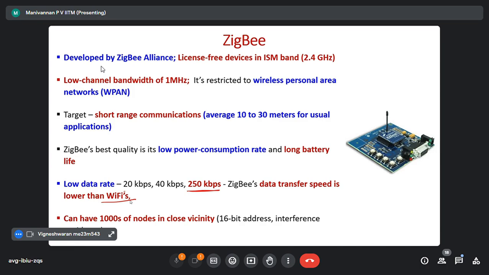Okay. So then you can have 100 nodes very close. Right? Again, you can have multiple units like this. Multiple nodes, because later we are saying that if I want to transmit data from one location to another, what is the range? I am saying 30 meters. Correct? For example, I told you I want to monitor the temperature inside the IIT campus using ZigBee.